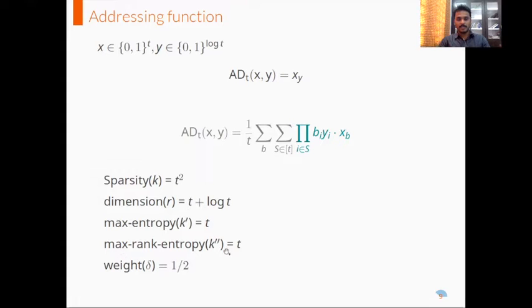Max rank entropy is the smallest threshold t such that Fourier coefficients greater than 1/t generate the support. Again, here it turns out to be t, and the weight of the addressing function is half.